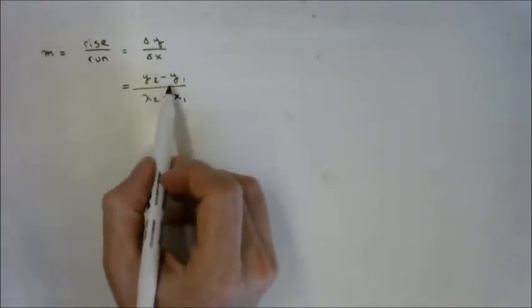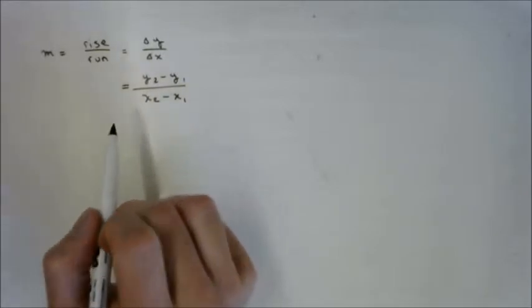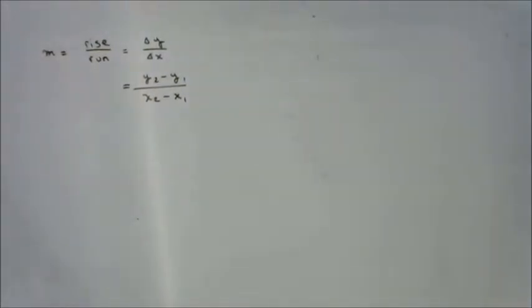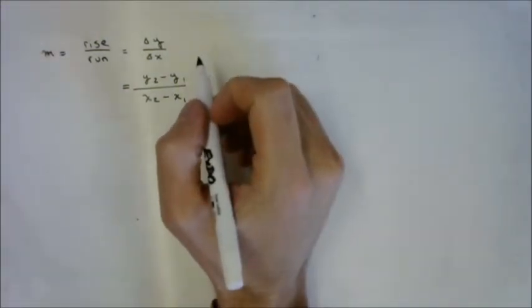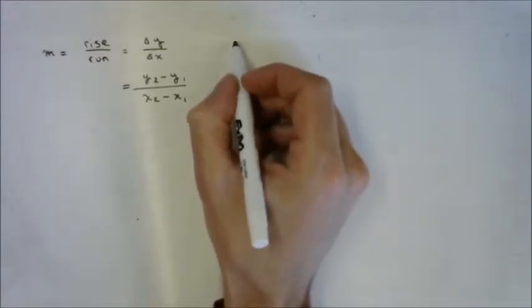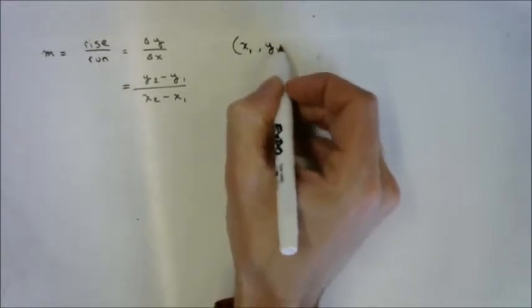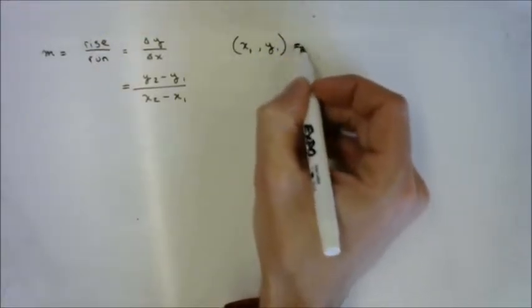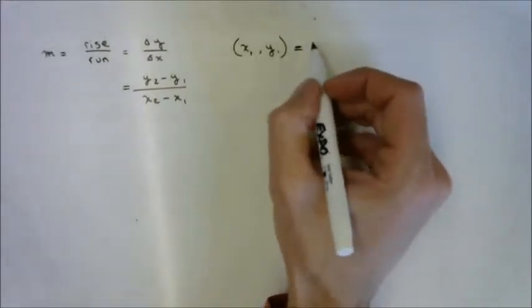Now here's a problem. We need x1 and y1, and we need x2 and y2, but we don't have any points on our graph, or do we? What points do we know on our graph? We have 0 and 65. So let's do x1 is 0, y1 is 65. That's the amount of gas that they're starting with after not driving at all.